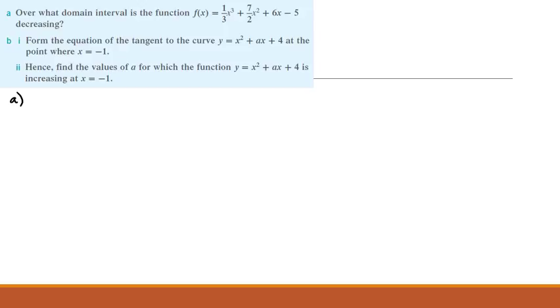Sorry, wrong thing. We need to find when it's decreasing, which means we need to find when the derivative is negative. That's what that translates to.